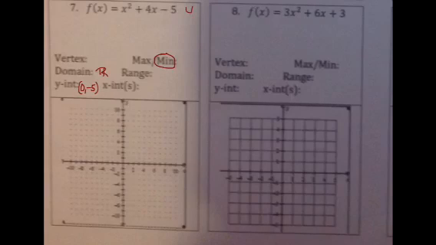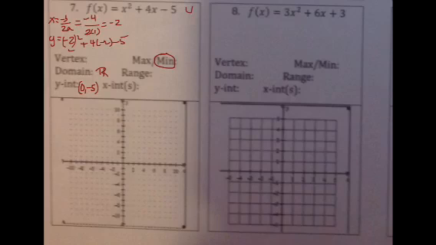Okay, so I need the vertex, right? So for the vertex, I'm going to put x equals negative b over 2a. So that's going to be negative 4 over 2 times 1. So that's negative 2. And so I replace the x's with negative 2 so that I can find the y. So that's negative 2 squared plus 4 times negative 2 minus 5.